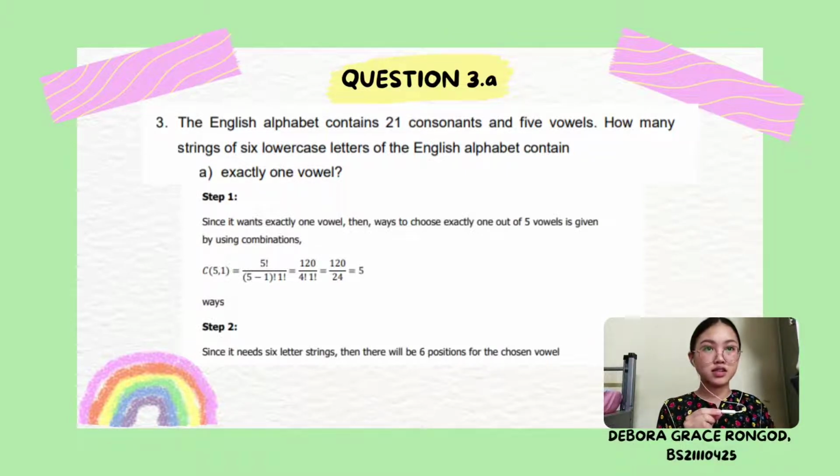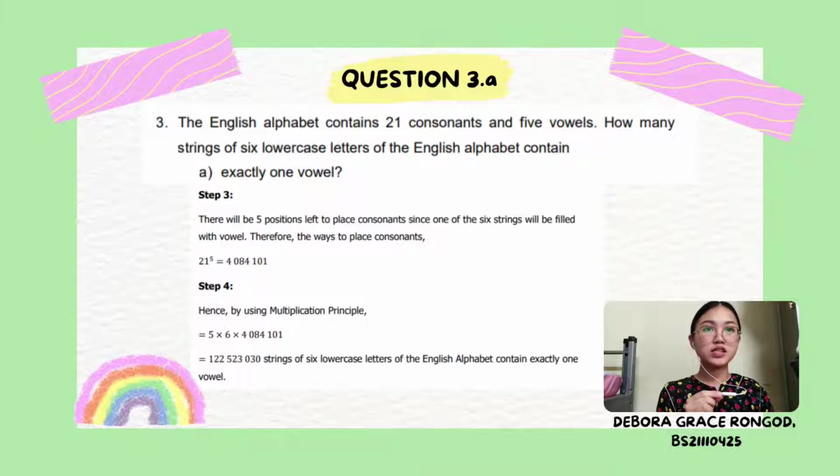Since it needs 6-letter strings, there will be 6 positions for the chosen vowel. Then there will be 5 positions left to place the consonants since one of the 6 positions will be filled with the vowel. Therefore, for the ways to place consonants, we will use 21 to the power of 5, equals 4,084,101.